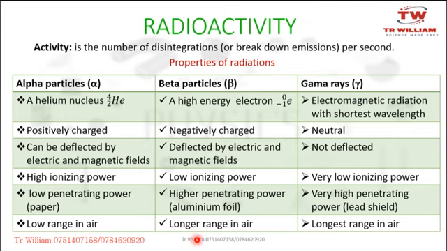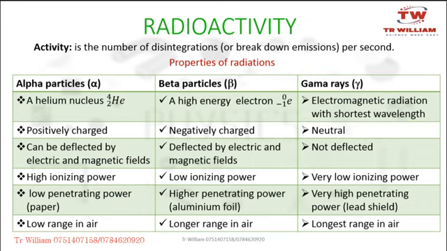Whereas beta particles have a longer range, and gamma rays have the longest range because they are very, very light. So that is the simple overview of how these radiations are, by nature, by characteristics, by how they are affected by the surroundings. That gives us the properties of the radiations.